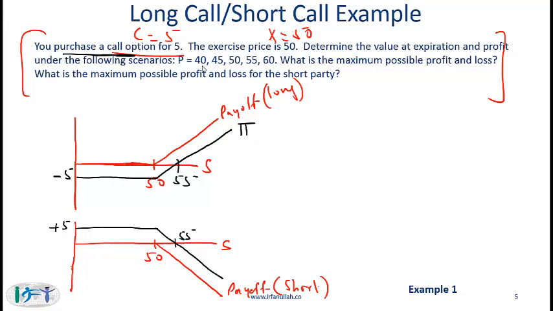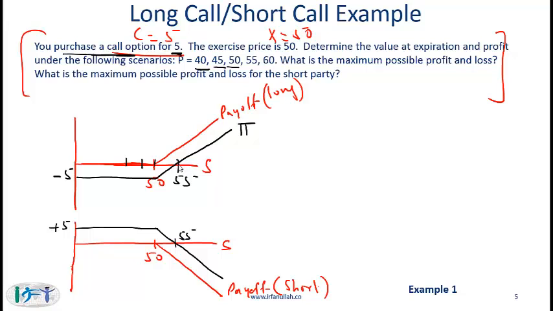Notice that if the stock price ends up at 40, 45 or 50, so that's these points, then the payoff for the long is 0 and the profit is -5 because the long has paid $5 for the call option. But after that, the payoff is positive, which means that our profit starts increasing from -5.